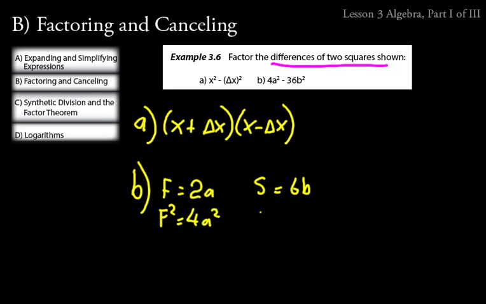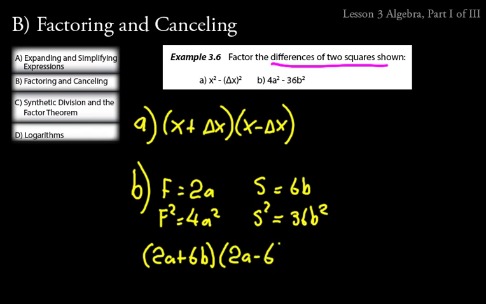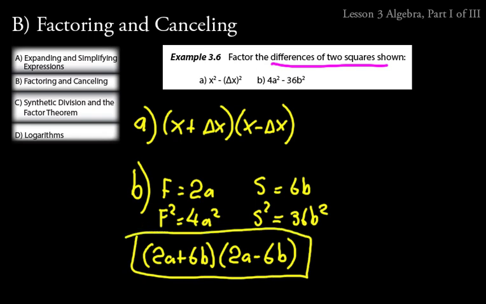If we square the second term, 6b times 6b, that's 36b squared. So it's just first plus second, 2a plus 6b, times first minus second, 2a minus 6b. That's how we factor the difference of two squares.